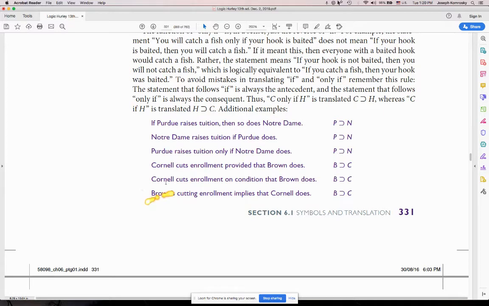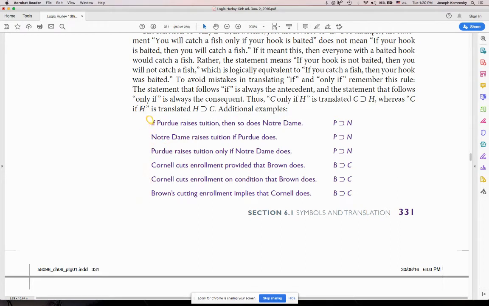When you have a statement, figure out, what language am I using? Is it if-then? Is it only if? Is it provided that? Is it on the condition that? And watch how Hurley translates it. You do it the same. What about this? Brown cutting employment implies that. So whatever's after implies that, which is a C, is literally right after that. So it looks like, okay, this is B horseshoe C, B horseshoe C. So here's the pattern.